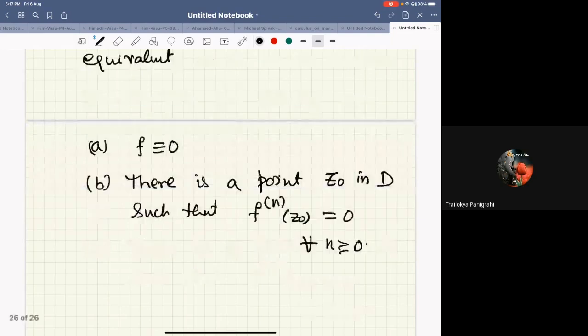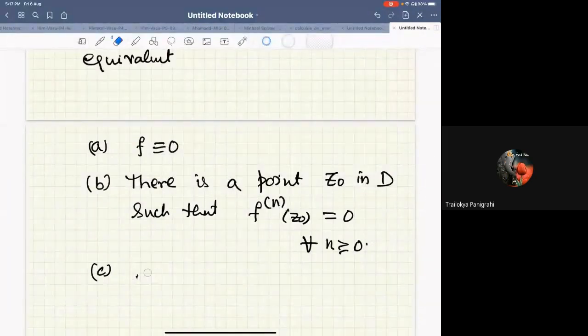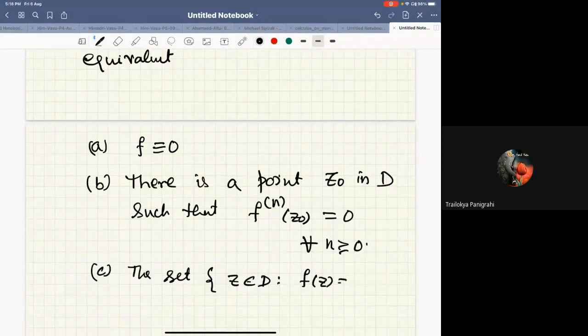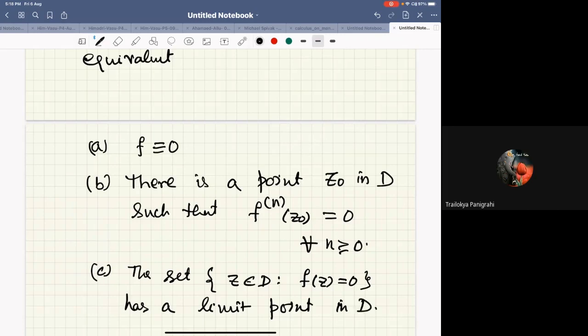Condition C: the set of all z belonging to D such that f of z equals 0 has a limit point in D. So we want to prove that these three conditions are equivalent.